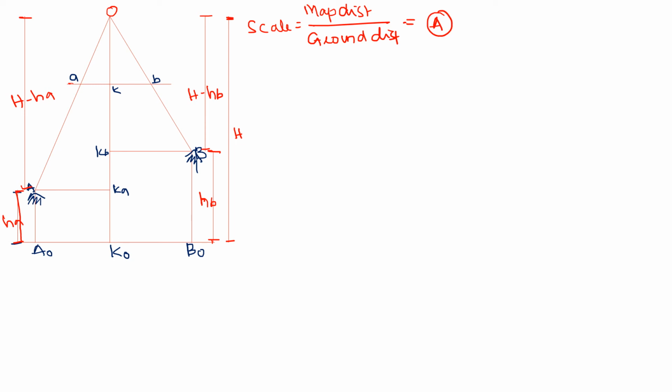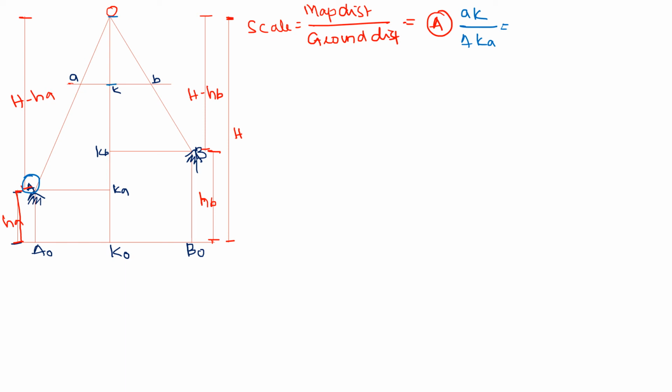Okay, so point A, when I consider this point A, the map distance is nothing but AK, and the ground distance will become AKA. Again, I will consider the so-called similar triangle formula.